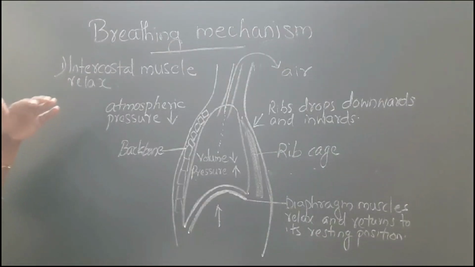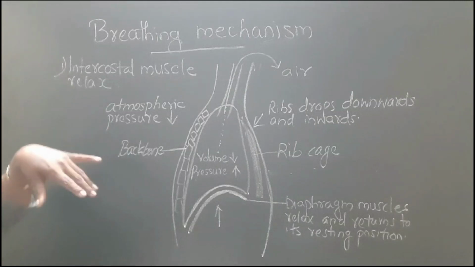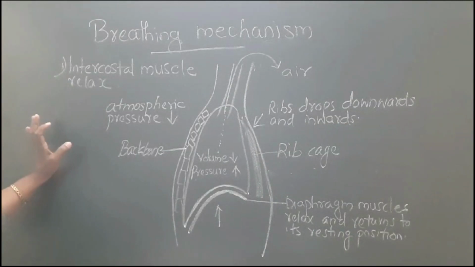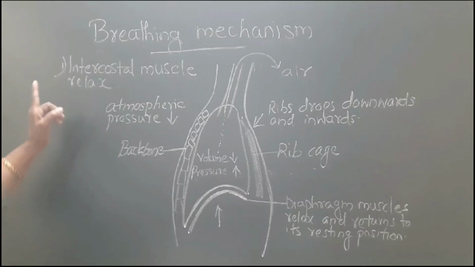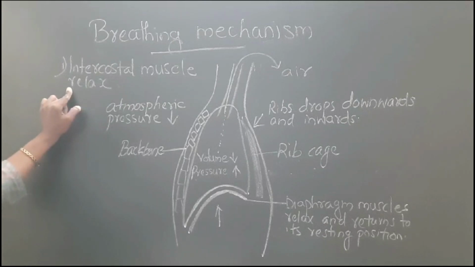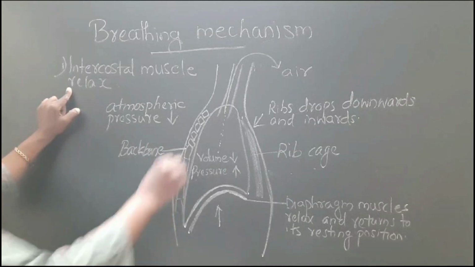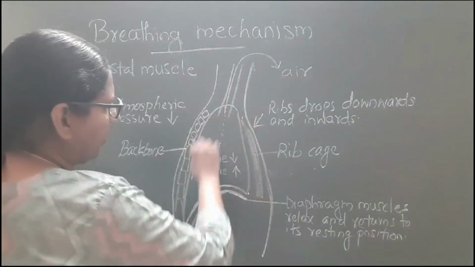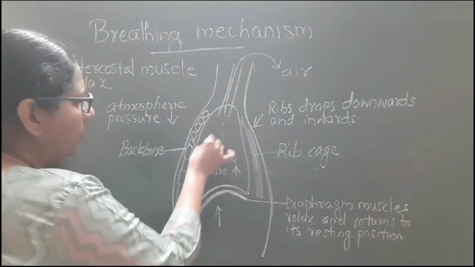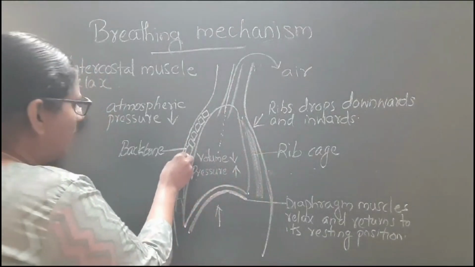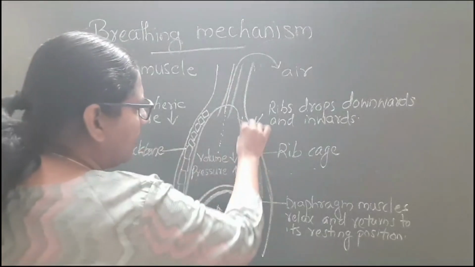We saw the mechanism of breathing in. Now, while breathing out, what happens? What is the mechanism of breathing out? The intercostal muscles relax. Here this is the thoracic cavity, this is the backbone and this is the rib cage.